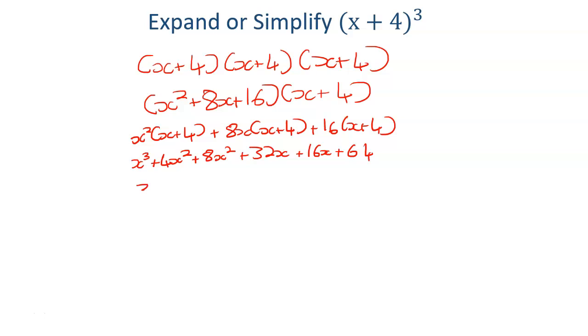X cubed is by itself, 4x squared and 8x squared come to 12x squared, 32x and 16x come to 48x, and 64 is by itself. So the answer is x cubed plus 12x squared plus 48x plus 64.